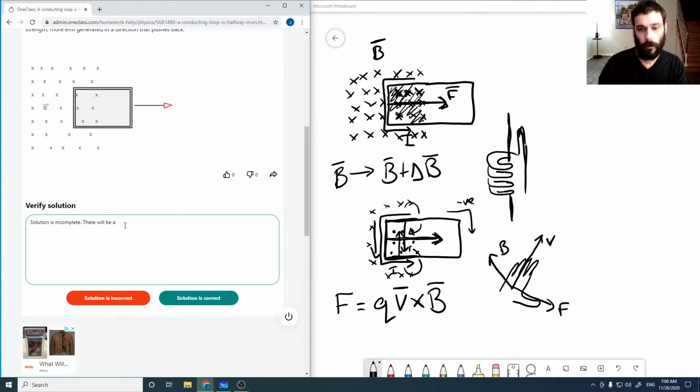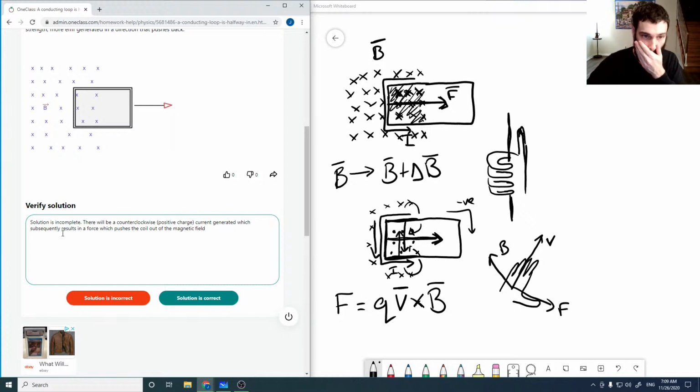There will be a counterclockwise positive charge current generated, which subsequently results in a force which pushes the coil out of the magnetic field.